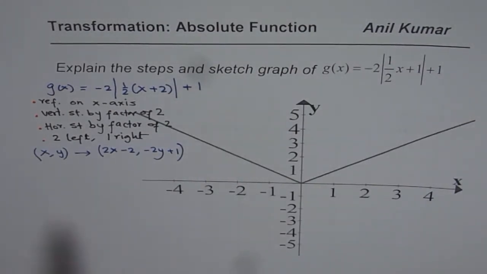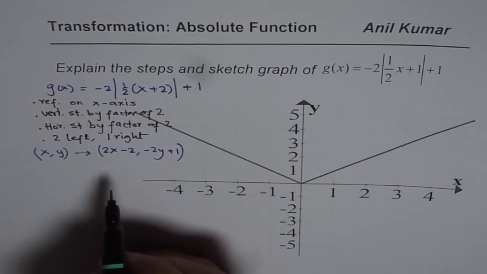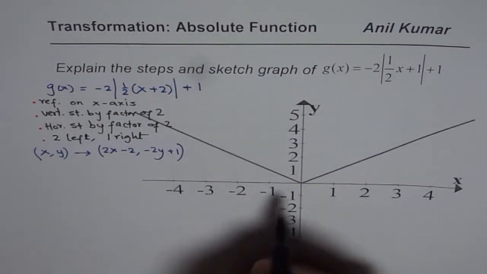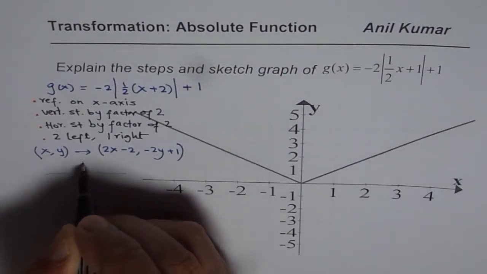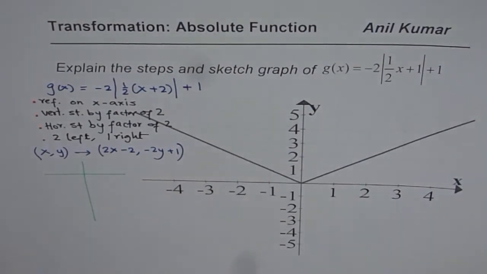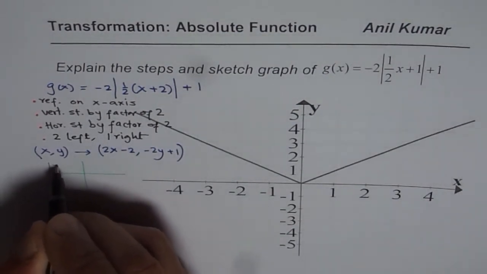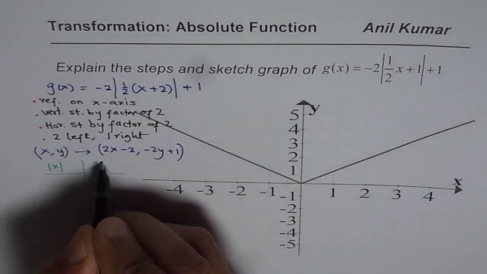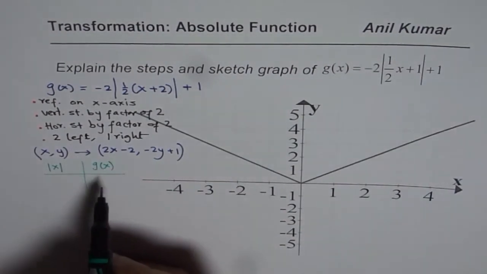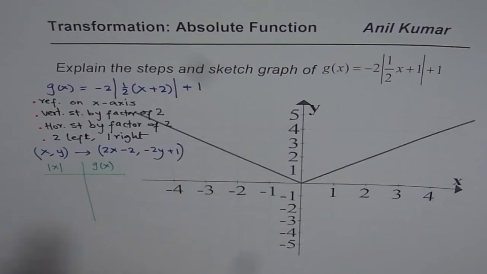So that is the transformation as far as points are concerned. Correct. So this is another important criterion. Now we may look into the critical points, or sometimes I call them key points. Let's make those key points here and write down the transformed points. This is for absolute x, that is f of x, and this is for the image on g of x.